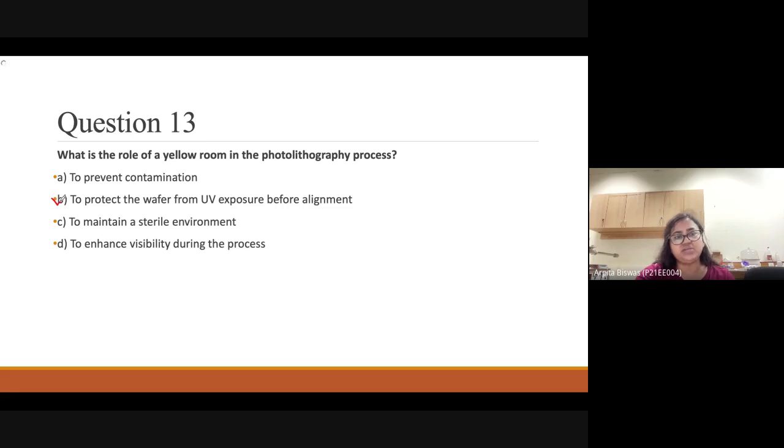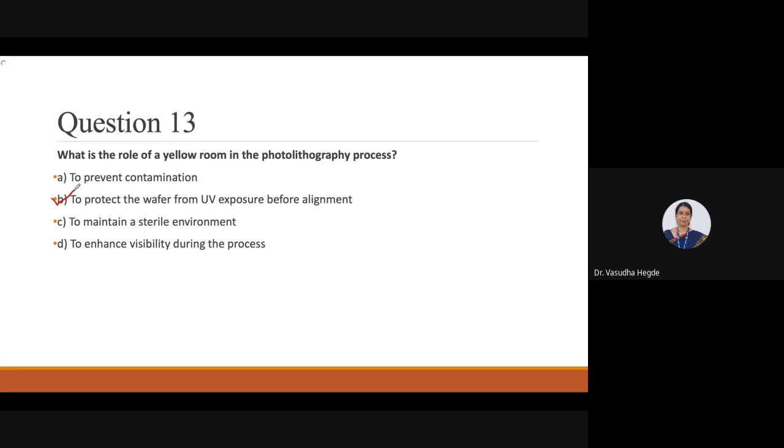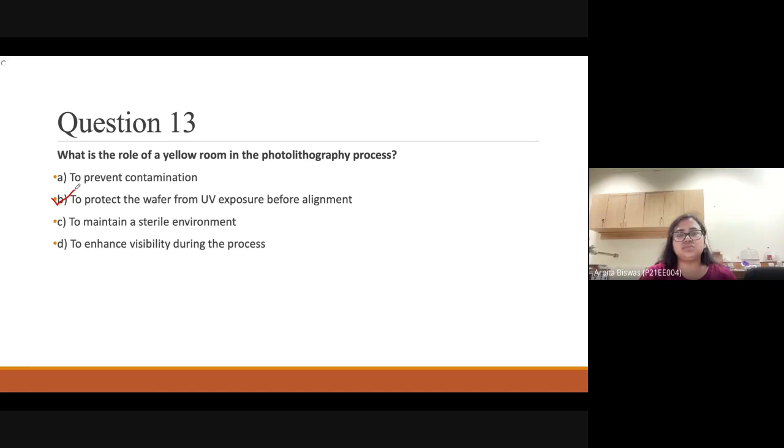Can you explain a little bit why not to maintain a sterilized environment or prevent contamination, but option B? See, during alignment, basically for the visibility purpose, there may be UV light, but if it is a yellow room, then this can be... No, not for the visibility purpose do we use the UV light.